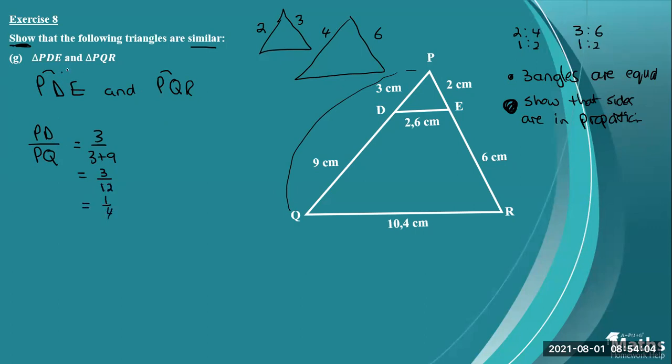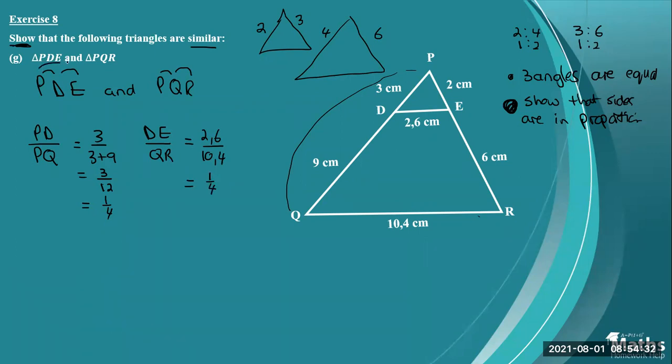Let's now look at the next one, DE on top of QR. So DE will be 2,6, and QR is 10,4. Pop that into your calculator and you will get 1 over 4.